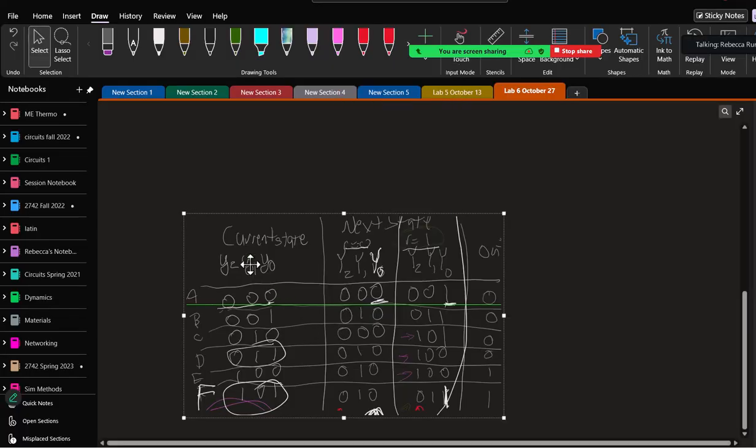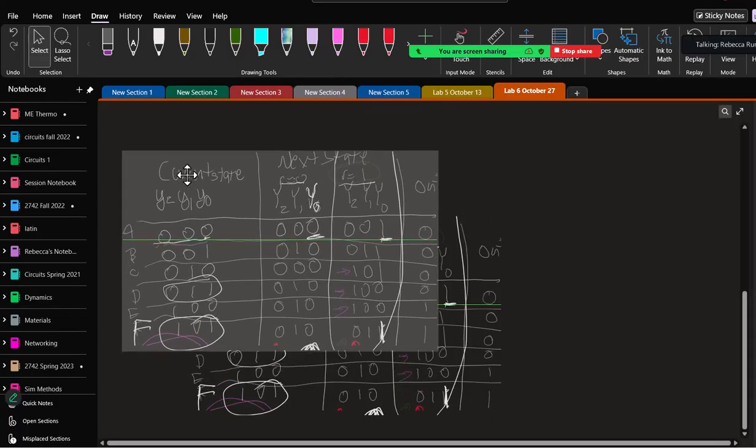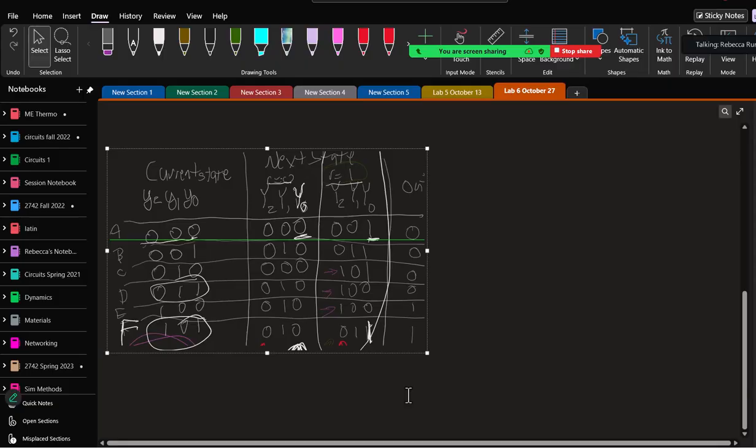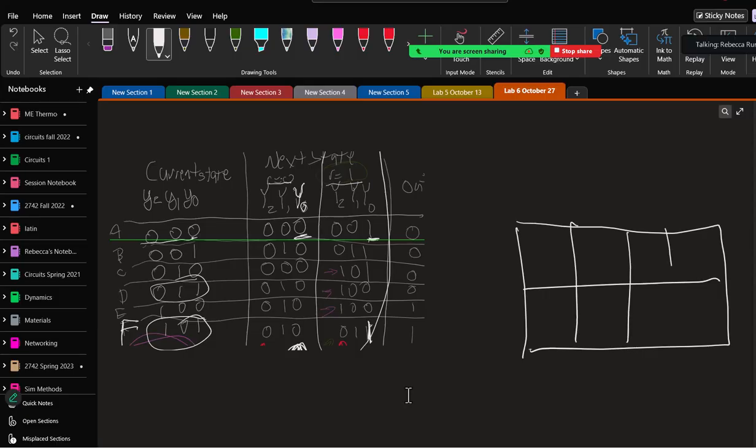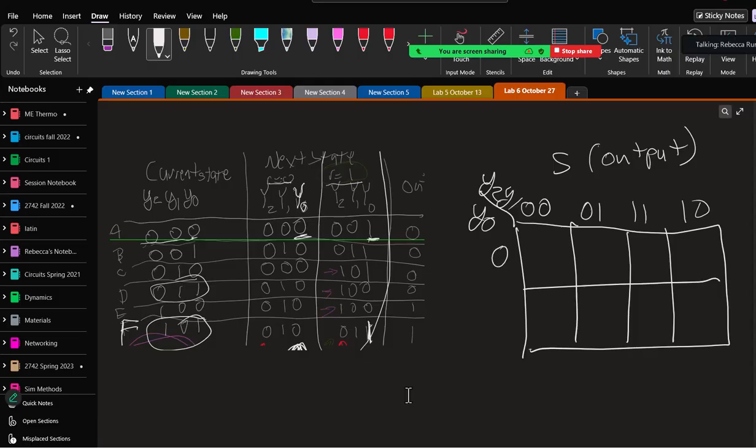Okay, so now this is going to be easier because it's just going to be 4 by 2. So this is S, our output, and it depends on y2, y1, and y0. 0, 0, 0, 1, 1, 1, 1, 0, 0, 1. And these were still don't cares.